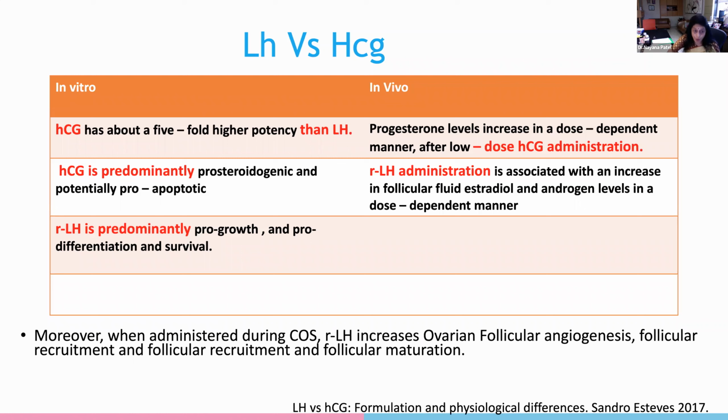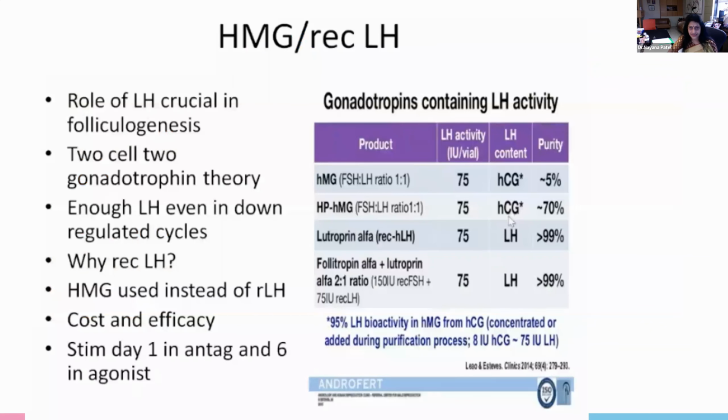It is more pro-apoptotic versus rLH, which is more pro-growth and pro-differentiation. In HCG administration, the progesterone level rises and therefore the endometrial maturity can also be advanced. Therefore, rec LH is more important because it gives more angiogenesis, follicular recruitment, maturation, and competent oocytes. So this is that comparison.